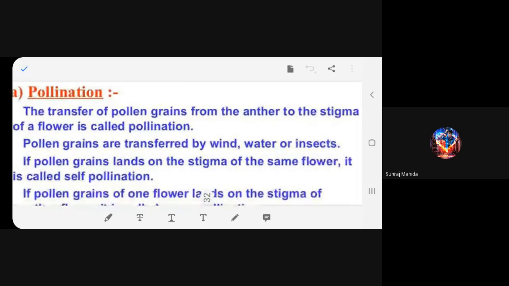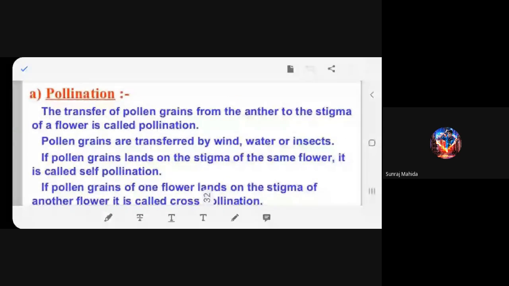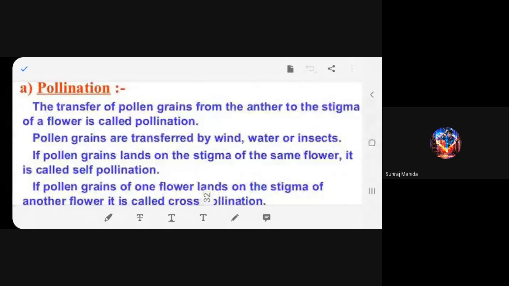Now we'll see pollination. Pollination, the transfer of pollen grains from the anther to the stigma of a flower, is called pollination. Pollen grains are transferred by wind, water or insects.